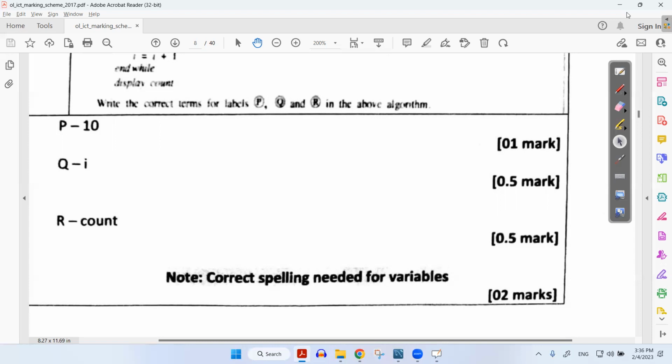Yes, 20 out of 20. Very good, Tilini. This is Tilini or Udamya? I don't know. Tilini, right? Or is it Udamya?